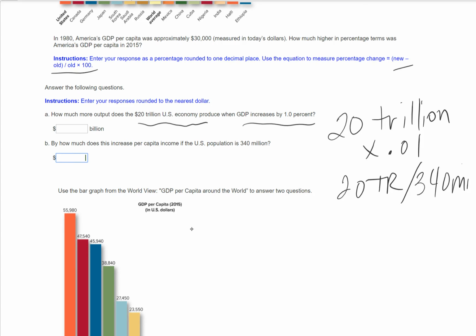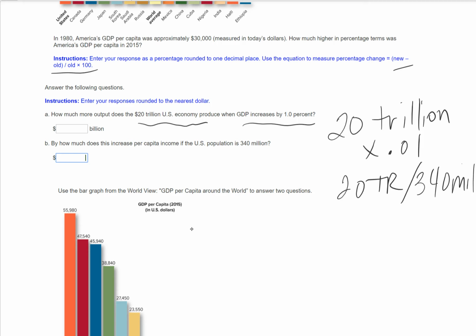Now watch out, because the numbers are different, right? Trillion is different than million. So if you want to just put it in your calculator, 20 trillion is, let's see, how many zeros is that? 12 zeros. And 340 million will have 6 zeros after the 340. So you can do it that way.